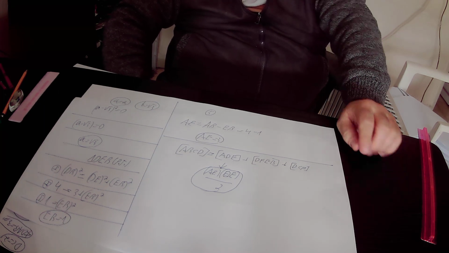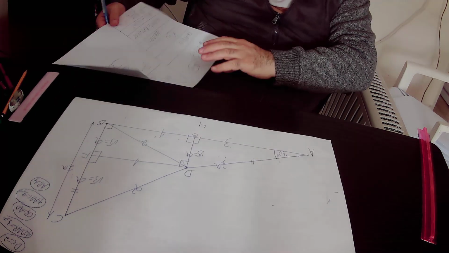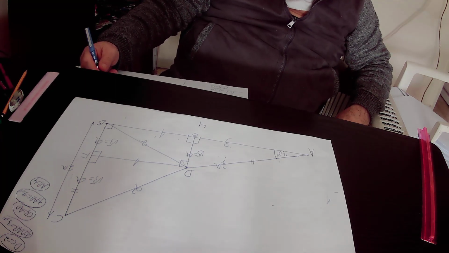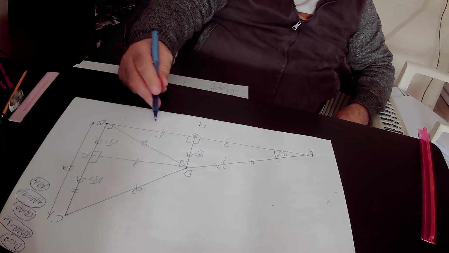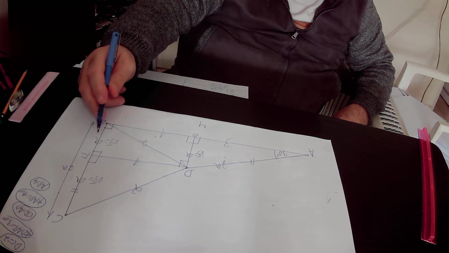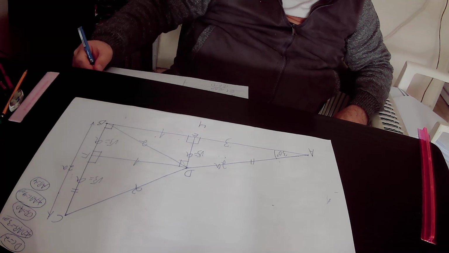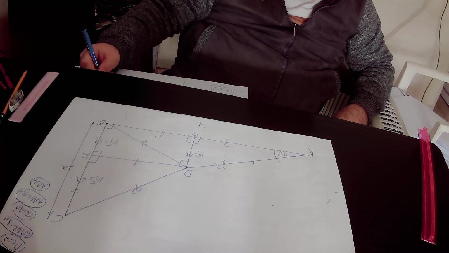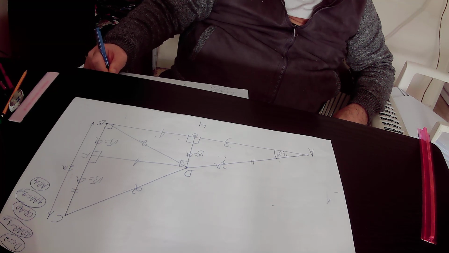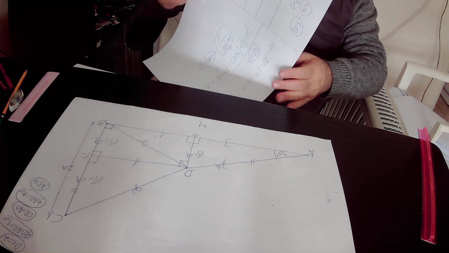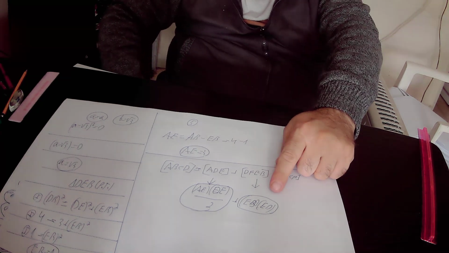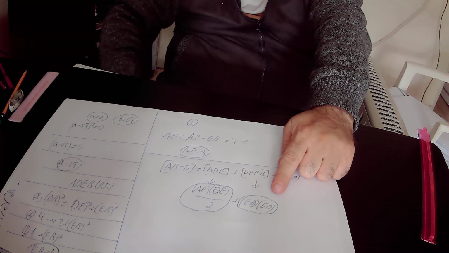And the area of rectangle DFEB will be equal to the width of the rectangle, that is actually EB, times the length of the rectangle, that is actually ED.